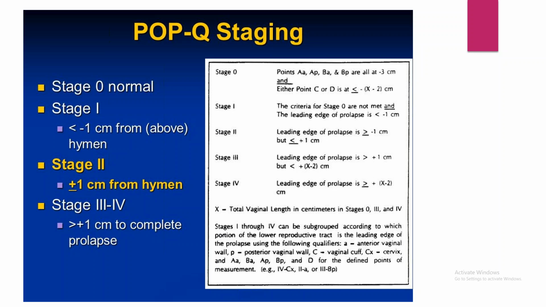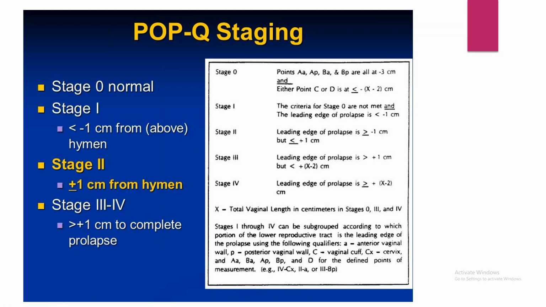AA, as I told you, is 3 centimeters proximal to the hymen, and AP is also 3 centimeters proximal to the hymen, so it is -3, -3. BA and BP will also be -3. Above the hymen it will be minus, below the hymen it will be plus, and at the hymen the measurement is 0.